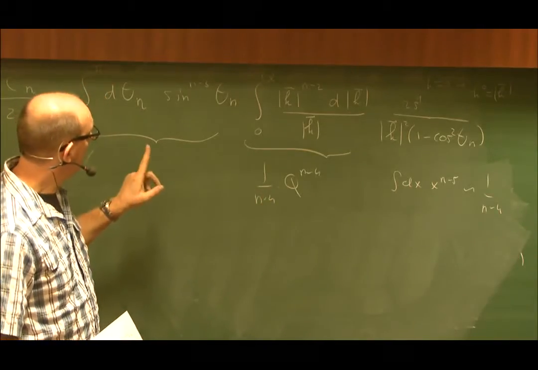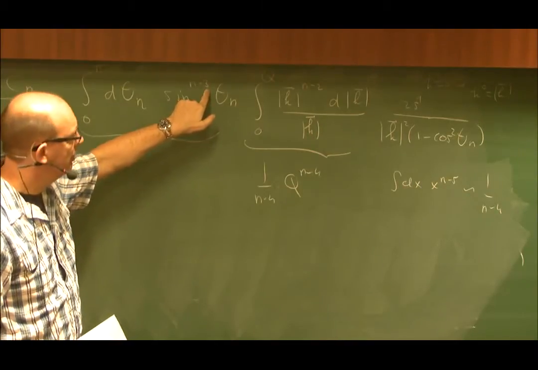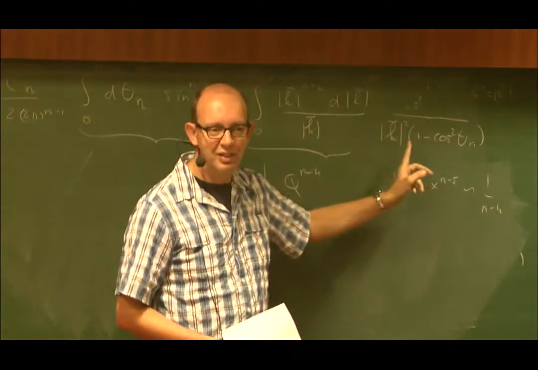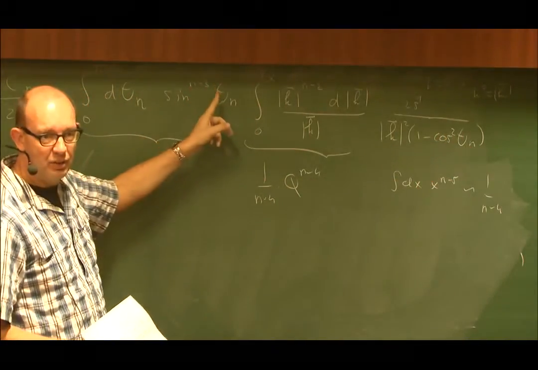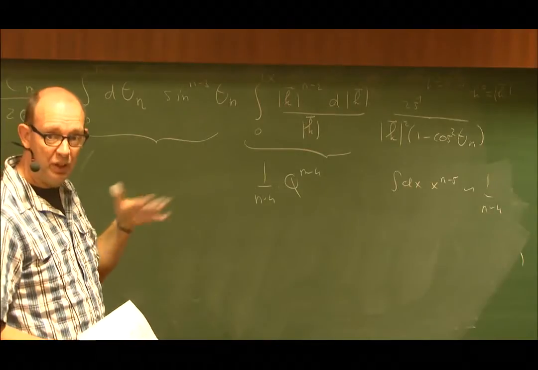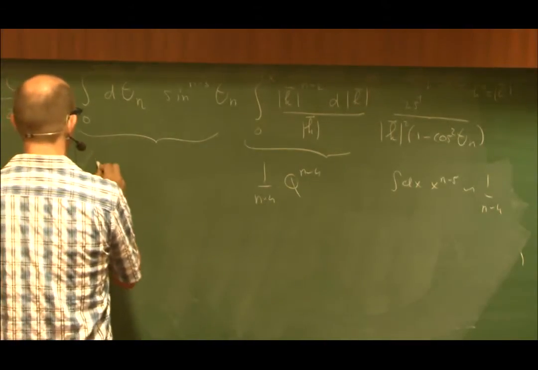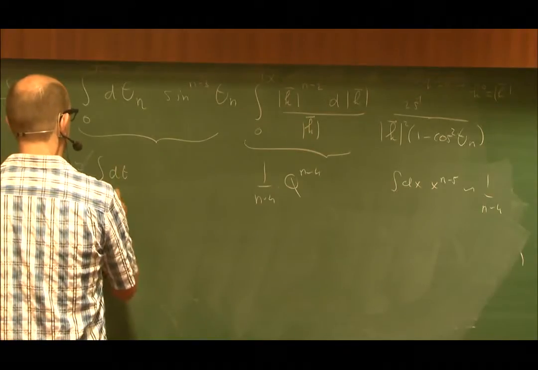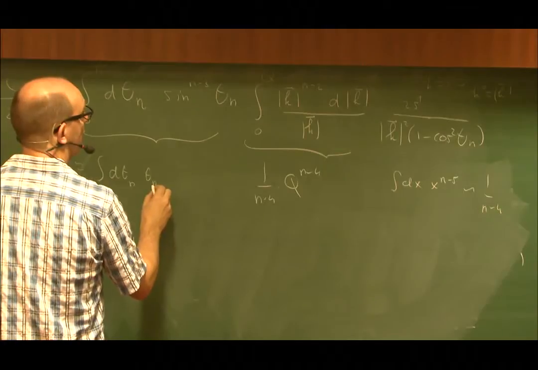Here, in the angular integral, we get sine to the n minus 3. Now we can rewrite this as sine squared, so you get n minus 5. Now for very small theta, when you're in the nearly collinear region, this behaves like theta_n to the power n minus 5.